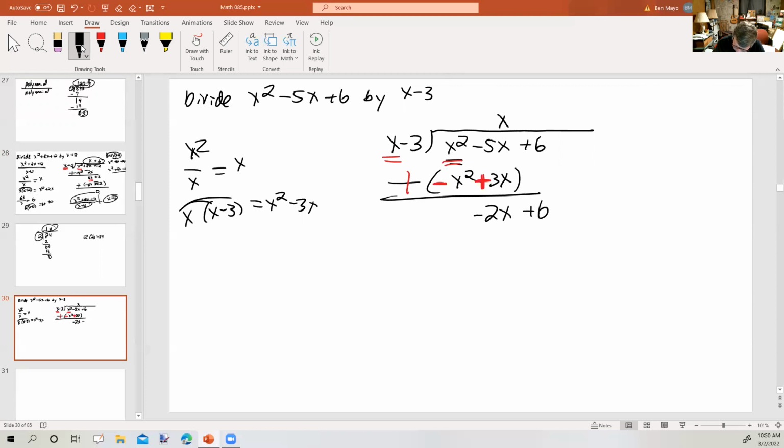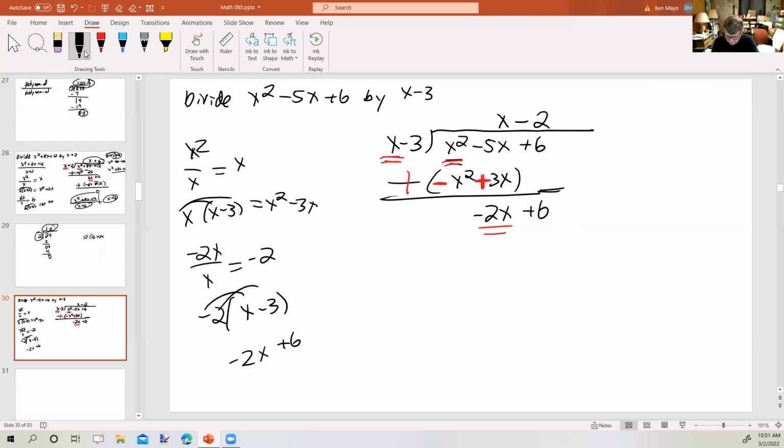And then bring down the next term, the plus 6. Start all over. Take the leading term inside divided by the leading term outside. Negative 2x divided by x is negative 2. So I put minus 2 up there. Then I take minus 2 or negative 2 times x minus 3, and I get negative 2x plus 6, which I put here.